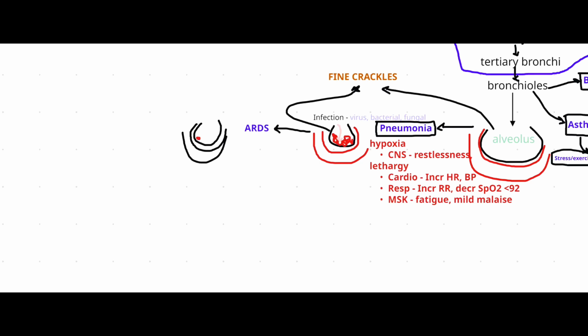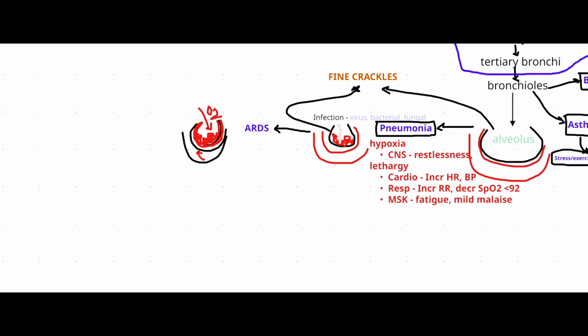It is also going to cause inflammation of the alveolar wall. Now, because there's inflammation of the alveolar wall, it's harder for not only O2 to get in, but also now what? CO2 can't get out.